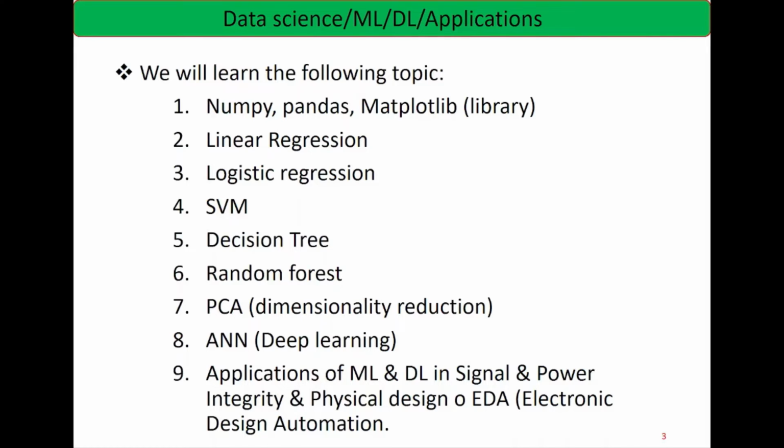We keep all the influence, but reduce the dimension from 8 columns to 5 columns. Another one is ANN, artificial neural network, deep learning. We will try to cover as many machine learning and deep learning algorithms as possible.